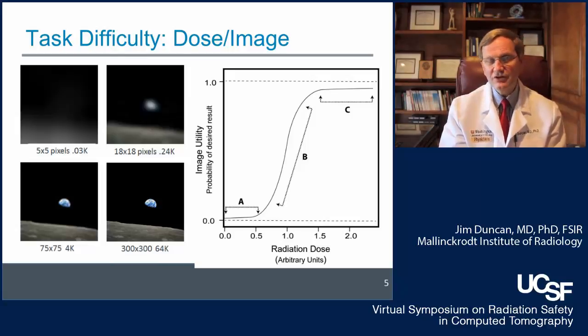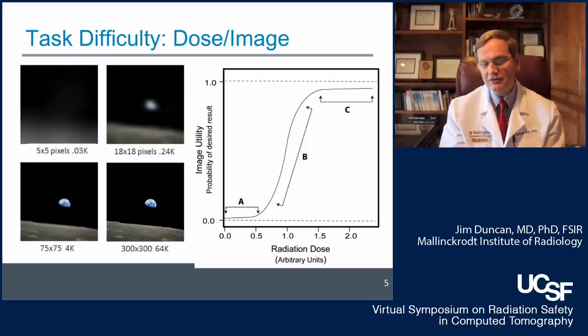So at the very lowest levels, the image doesn't add anything. Okay, there's not enough information to really change our pre-test probability of what was going on inside this patient. And then you get into a steep slope where at either 18 or 75 pixels, there's enough information to understand what's going on, make a decision, move on with that step of the procedure, and drive the procedure to its completion.